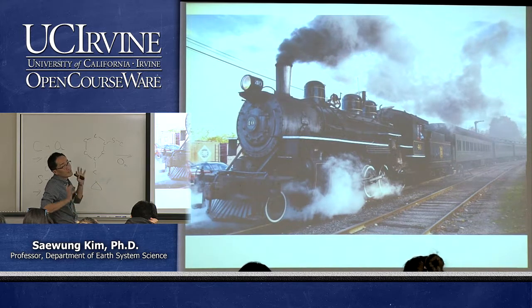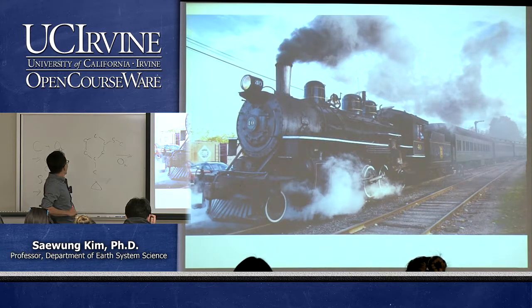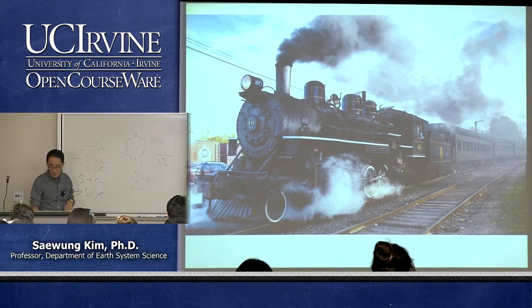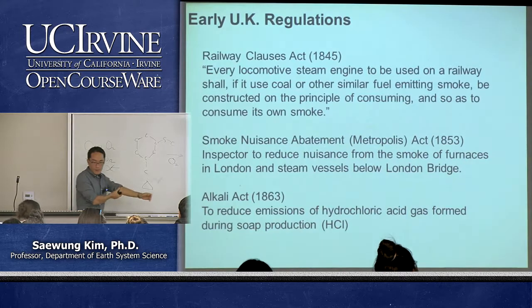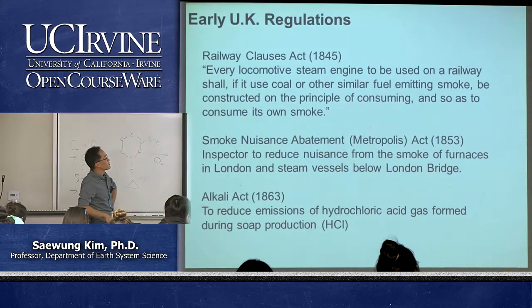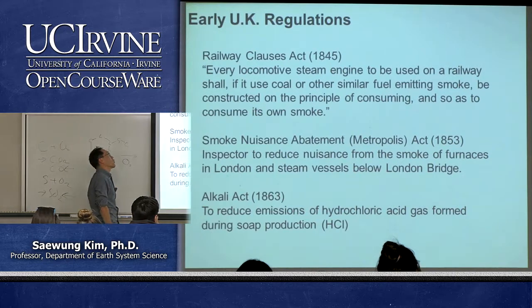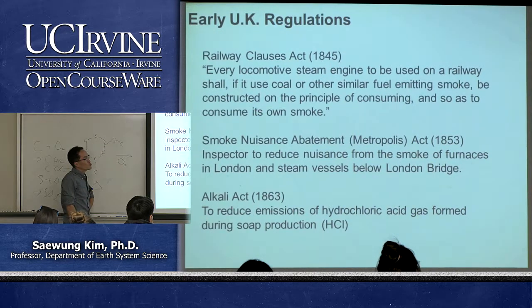Although you cannot see it from this photo, there should be a lot of CO2, CO, and SO2, right? So the main air pollutants from coal burning are CO2, CO, and SO2. Obviously this caused a lot of problems, but at the time there was no alternative other than coal for mass transit.